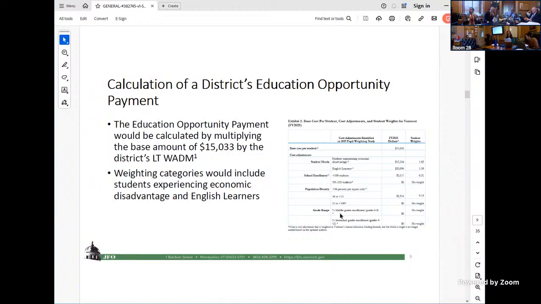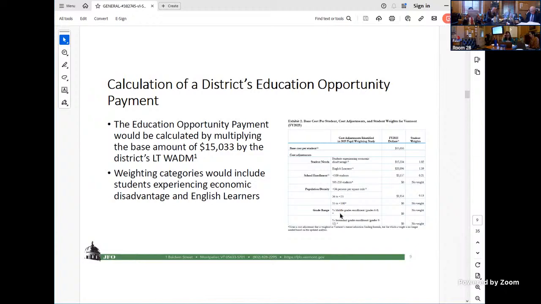I see, okay. So the way to interpret this is if a student were to not fit into any of these weighting categories, they're not an English learner, they're not from an economically disadvantaged background, they live in an urban place, they don't fit into any of the weighting categories, then the foundation formula would assign $15,033 for that student in FY25. As we go into out years, that $15,033 is going to be adjusted for inflation.